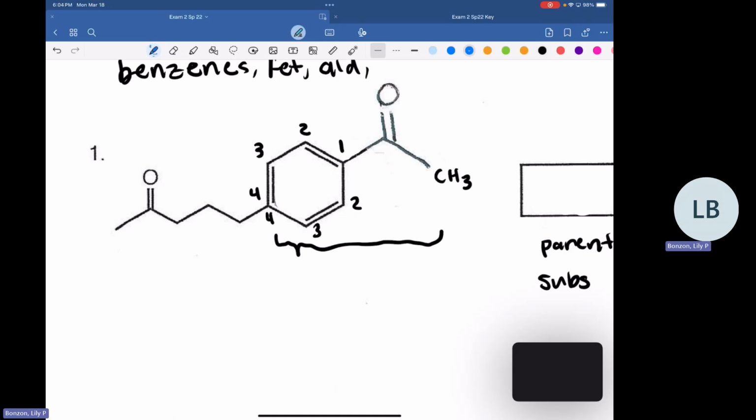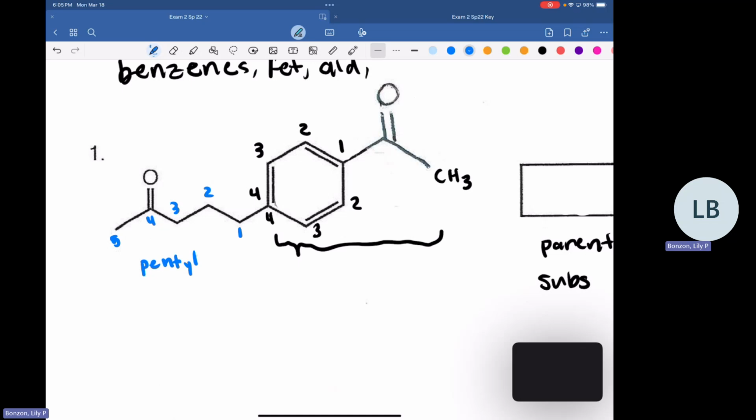And then when we number our substituents that come off of our parent name, we have to start at the carbon that is connected to the parent. So we're going to start numbering from the right here. So we've got 1, 2, 3, 4, 5. So this is going to be a pentyl group. And you'll notice that we have a ketone at carbon 4 on that pentyl.